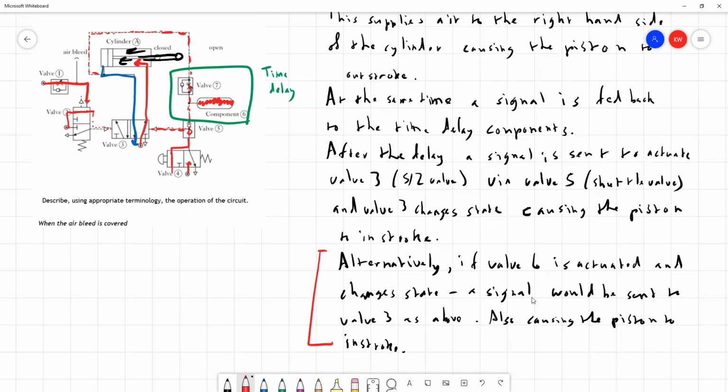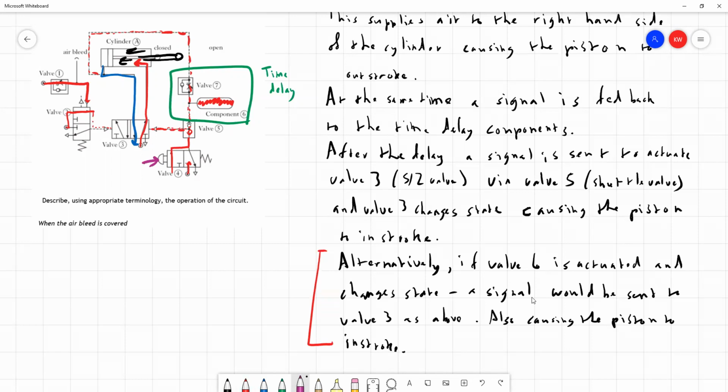The cylinder will outstroke, and while it's outstroking, some air will be sent round the time delay, and when that delay is over, it will switch the 5-2 valve, that's valve 3, back across, and it causes an in-stroke. If we want to skip that delay, if we press the push button in valve 4, then we can just send air straight to valve 3, causing the in-stroke to happen faster.